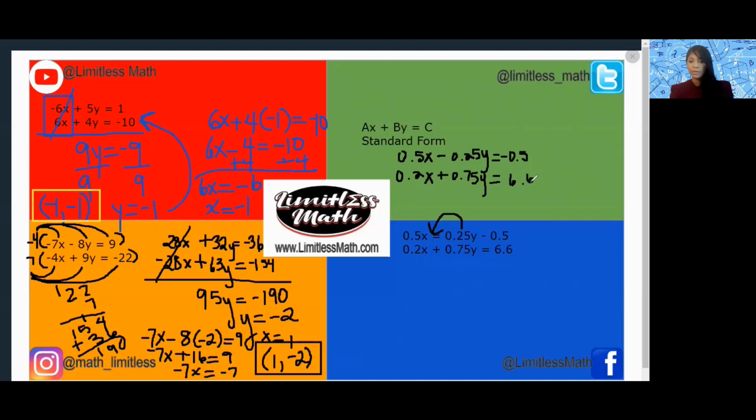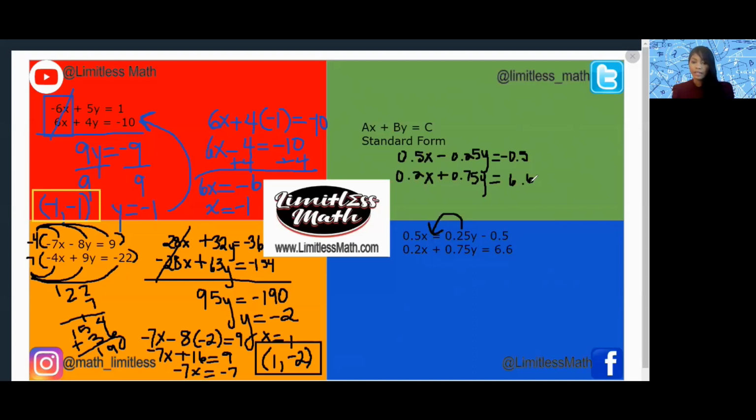So now let's do a check off. Both in standard form, yes. Variables are lined up, yes. Now, we still have decimals and we still don't have a matching pair, like a positive 0.5x and a negative 0.5x. So let's go ahead and get rid of the decimals, and then we'll worry about making sure we have a matching number.